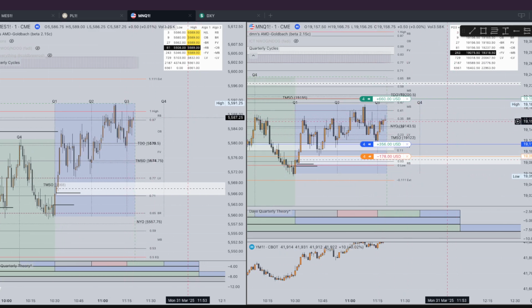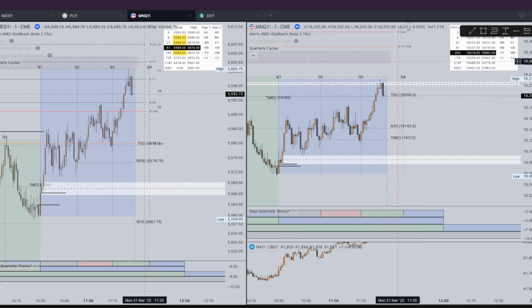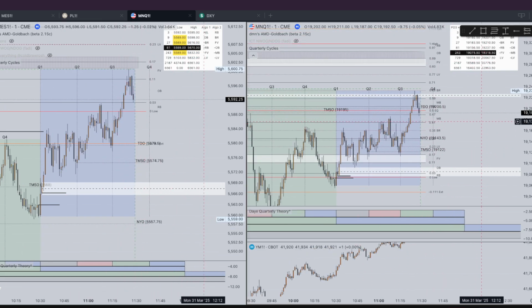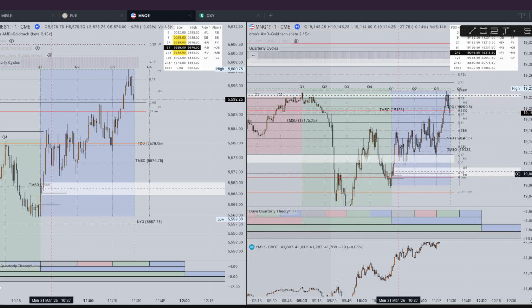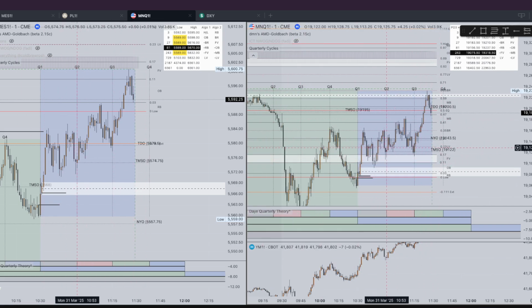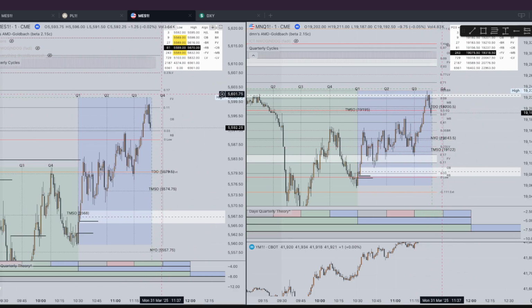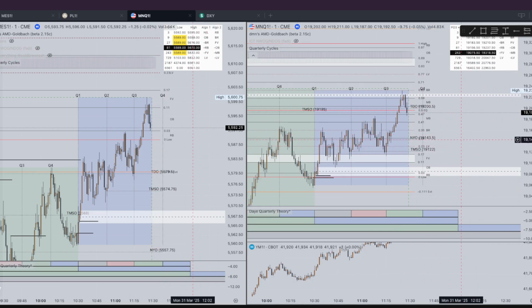Okay, one more time. Okay, done. So this was the six sister, right? And NQ was the six sister. How many times it had to tap into this area and then go and complete? Now this fellow has gone up into the dealing range above. Okay.